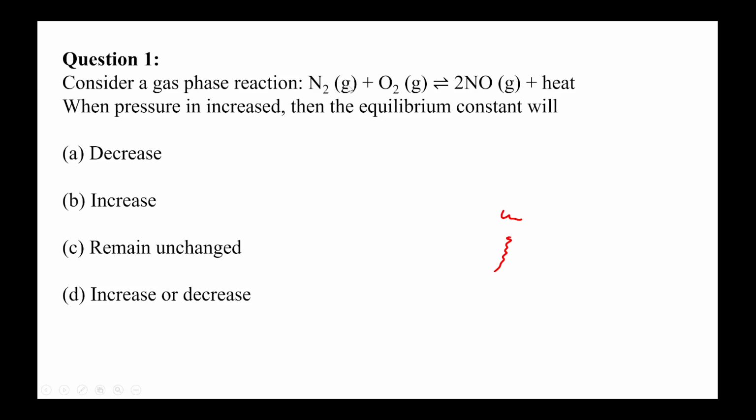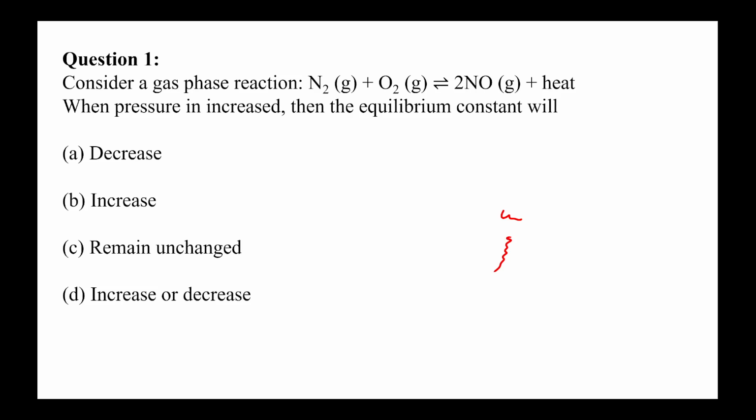For this particular reaction, the equilibrium constant would be partial pressure of NO raised to the power of 2 divided by partial pressure of N2 into partial pressure of O2. Now, if I increase the pressure of, let's say, N2, nothing else will change.